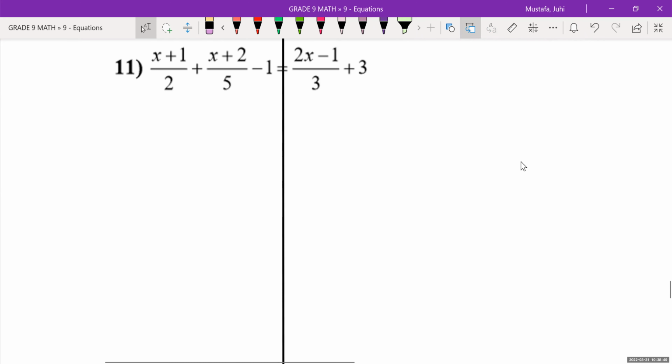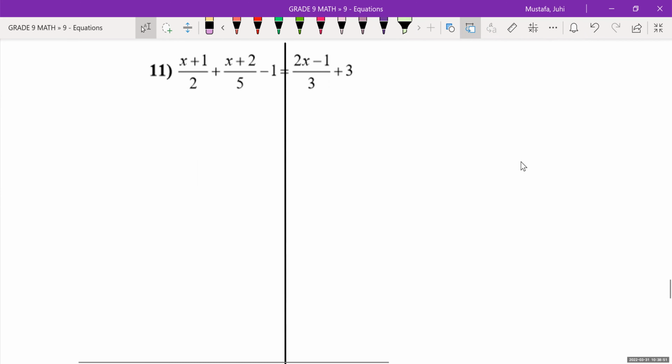So question number 11, the first thing I want to do is rewrite it so that it has a fraction in the front of everything. I also recognize that there are a bunch of binomials, so I'm going to remember that every single one of those binomials has to be placed inside of a bracket. If you have these brackets, there's actually a number 1 in front of all of them.